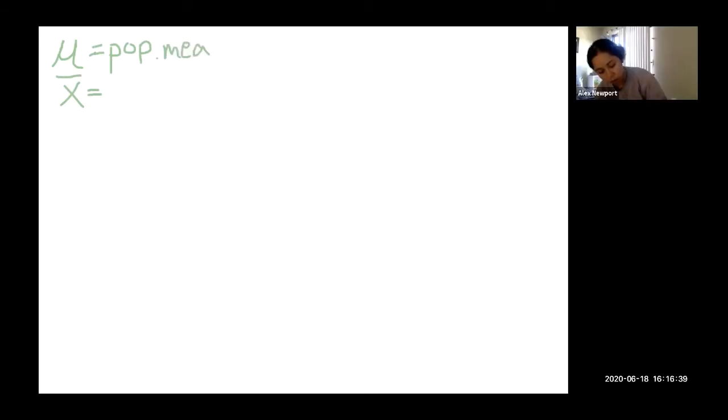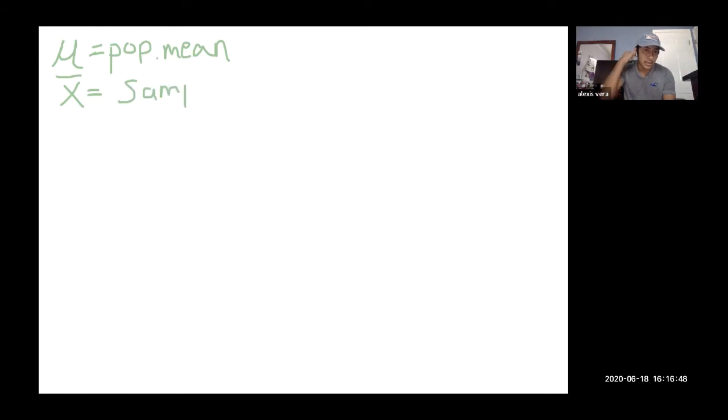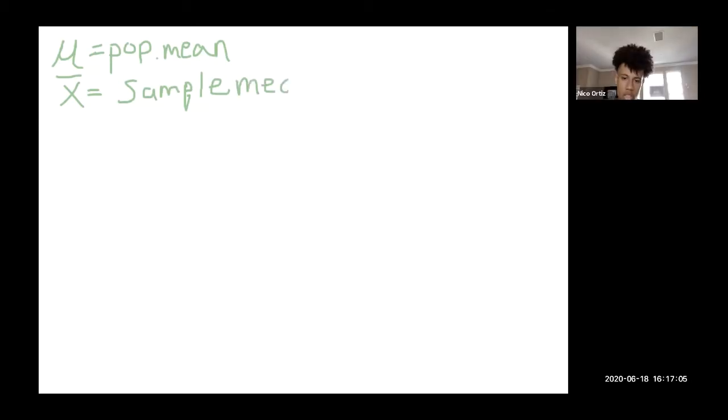Can anybody tell me how to find the mean? You add them all together and then you divide by the total. Yes. In this case, with the numbers you wrote down, what would be the mean? 23.